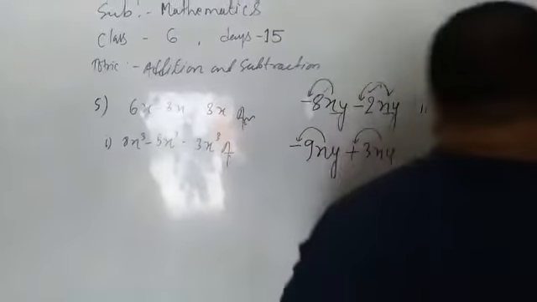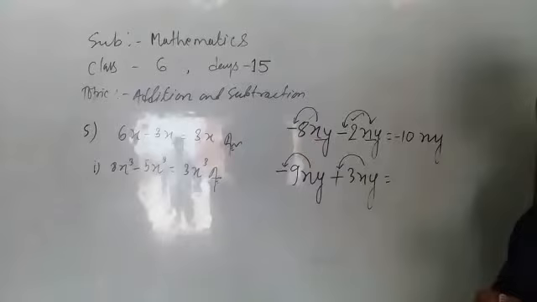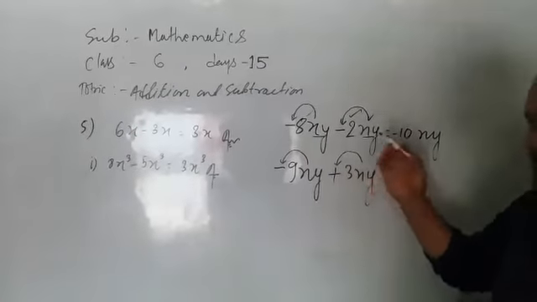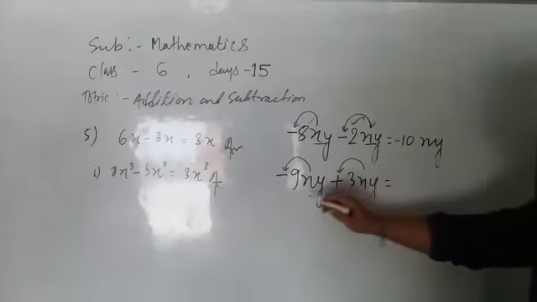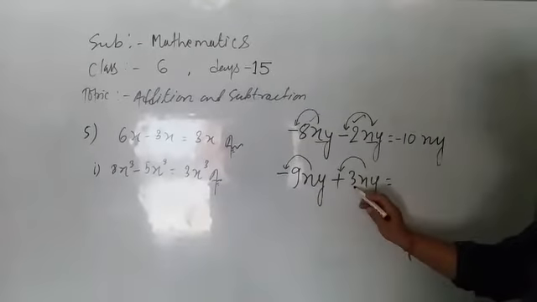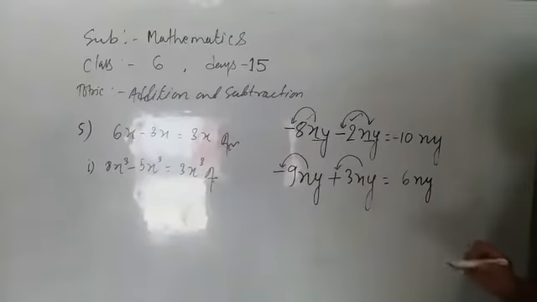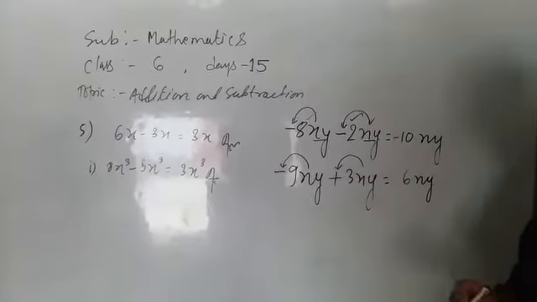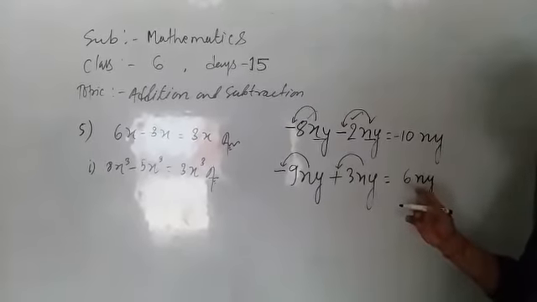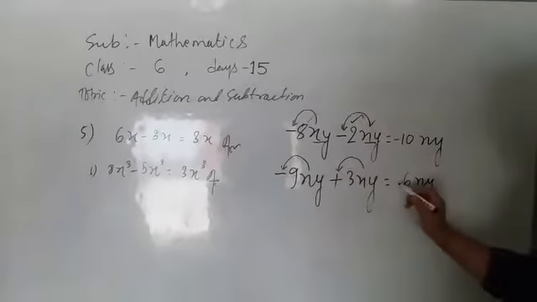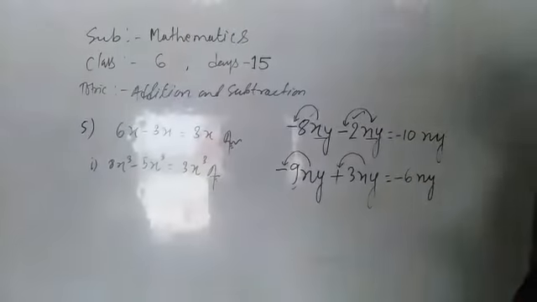So that's why we subtract. In our rule of subtraction, we subtract the smallest from the greatest. So here 9 minus 3 is equal to 6, 6xy remains. So my dear students, what sign will we write here? Minus sign, because the minus sign is the greatest. Have you got the idea?